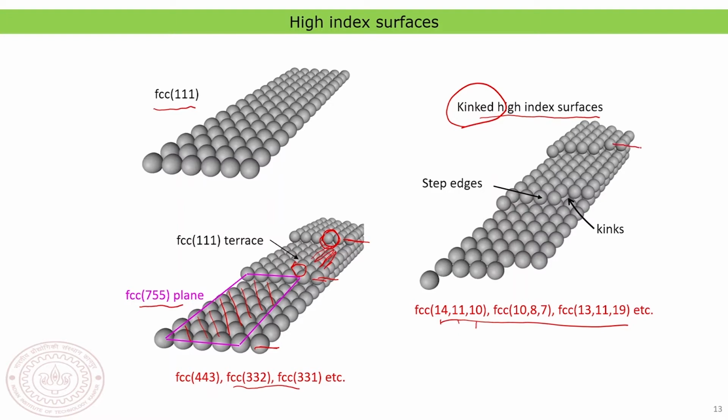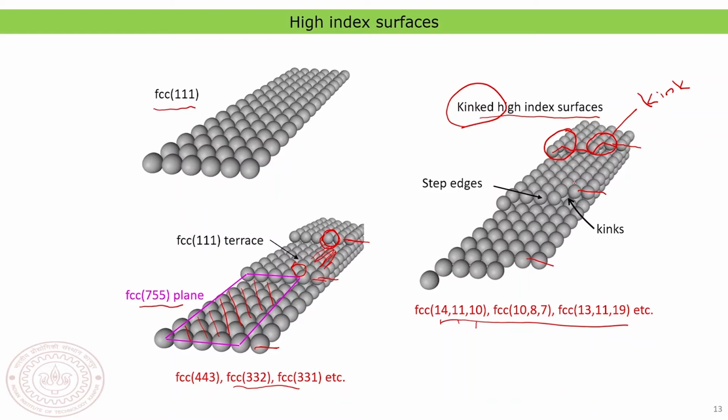So you definitely have step edges as you have seen in the previous case. But in addition to that, we now also have these kinds of kinks. This part is known as a kink, which is a few atoms bending at a step edge. So now you see, when you create these kinds of surfaces, you are not only creating step edges, you are also creating kinks.